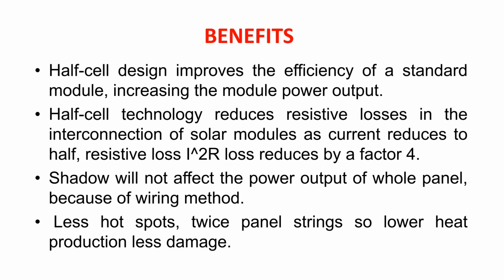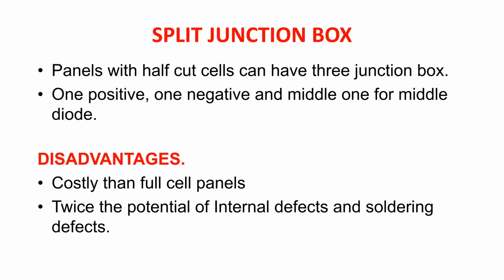Another benefit with half cell technology is they will have fewer hotspots. Hotspots means damage in the panel due to high current or heat. As the current in a cell has already reduced to half, the current will not be high enough to make large hotspots.